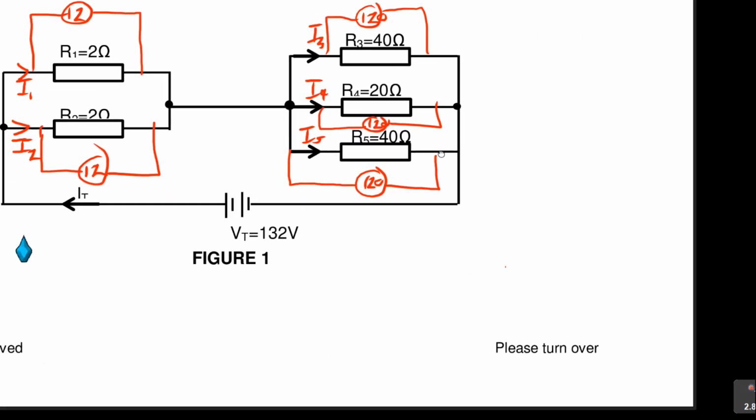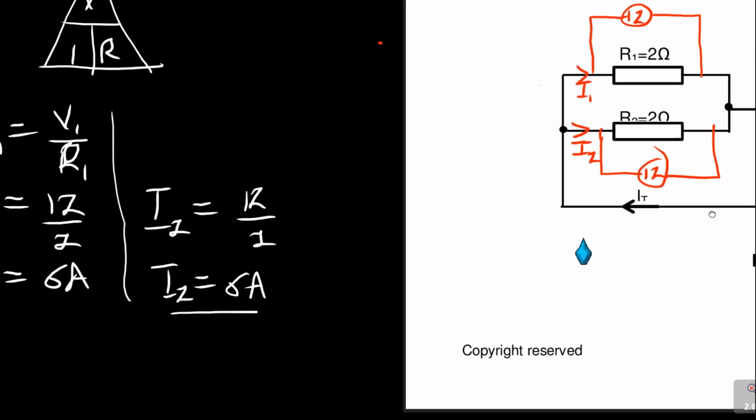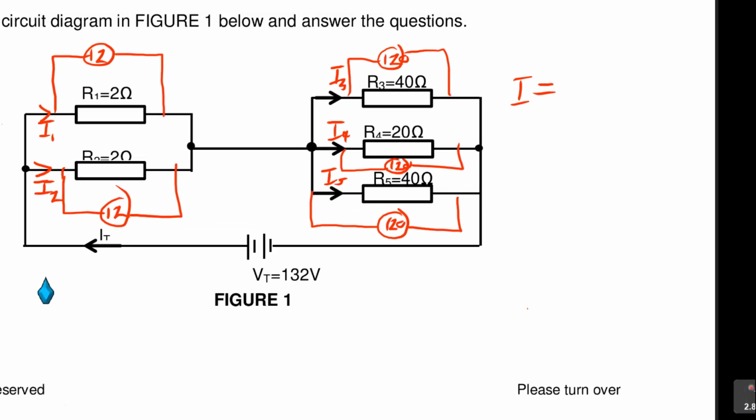Okay? Then we come here. The formula is what? I is equal to V over R. So let's go to I3. Let's do it on top, so that we can save space. I3 is equal to V3 over R3. What is V3?